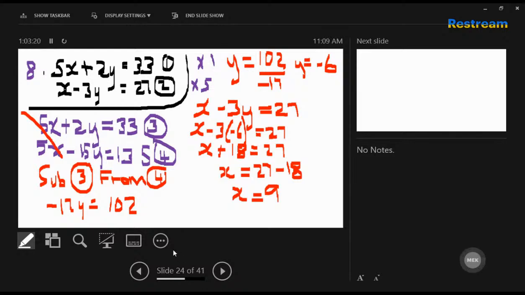And that's it. We've done eight sample questions. So to recap, this particular method of solving simultaneous equations, this algebraic method, is the elimination method.